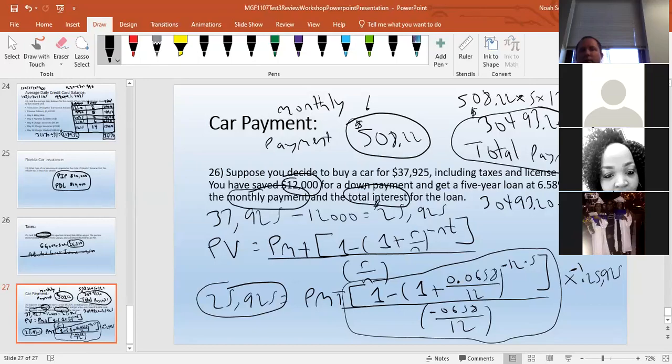So if you take 30,493.20 and you subtract off 25,925, you actually get 4568.20, and that's actually how much interest was paid. That's the interest that's owed. So it's kind of a two-part problem, but you have to find the monthly payment before you can get the amount of interest.